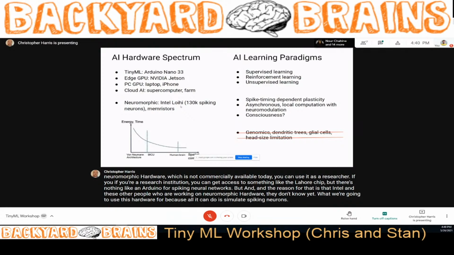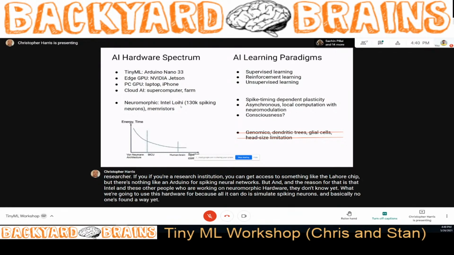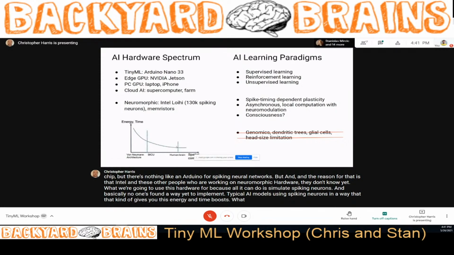And basically, no one's found a way yet to implement typical AI models using spiking neurons in a way that gives you these energy and time boosts. What you can do is run a spiking neural network and only look at the rates of firing.